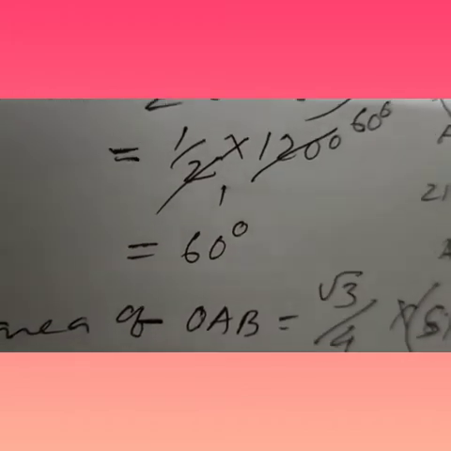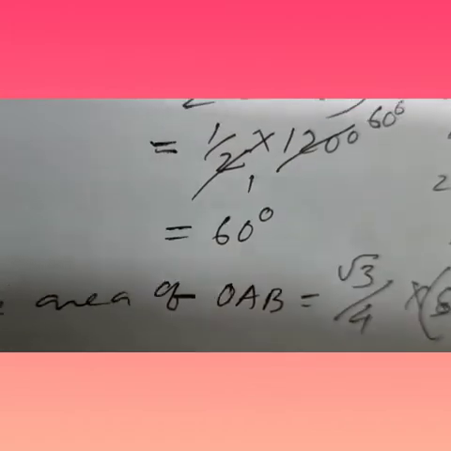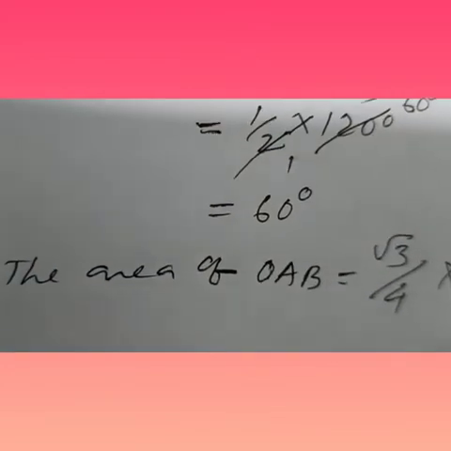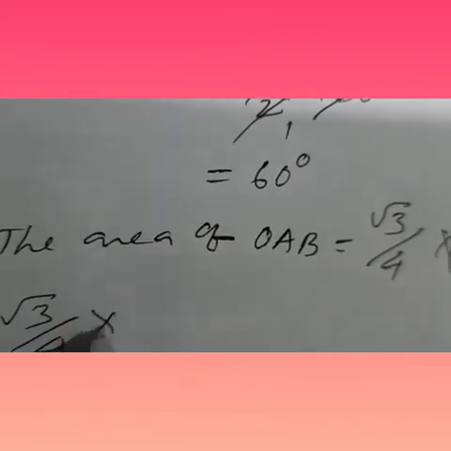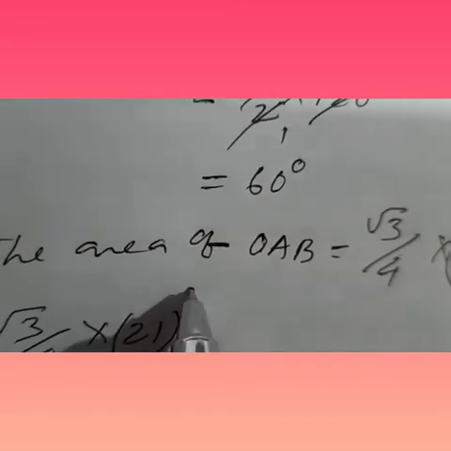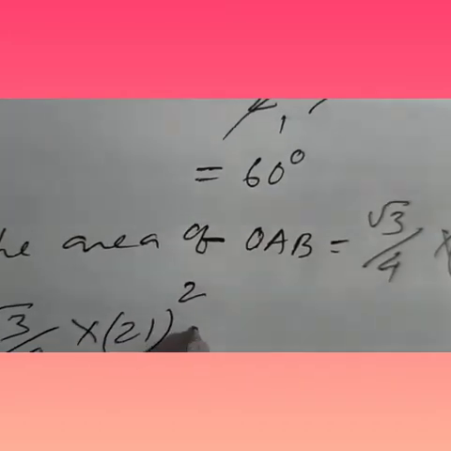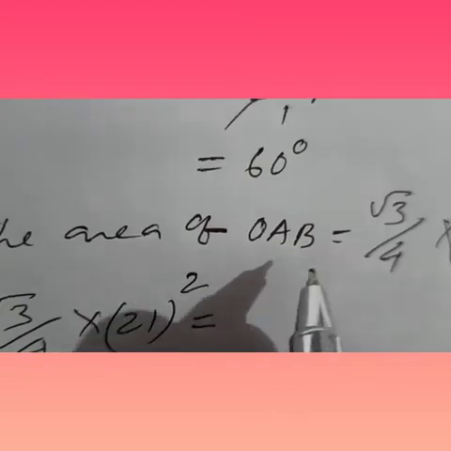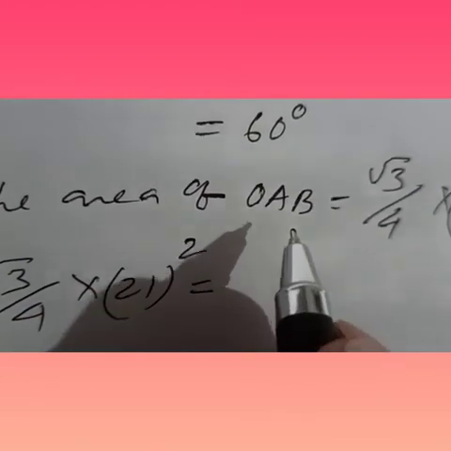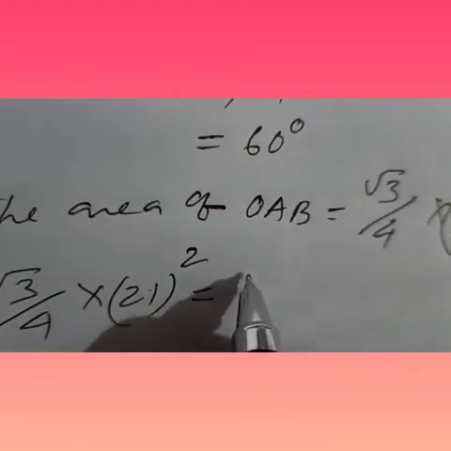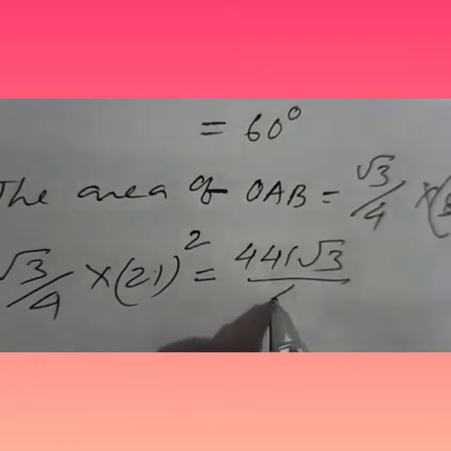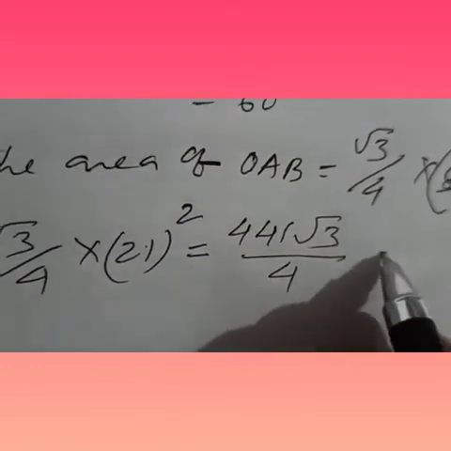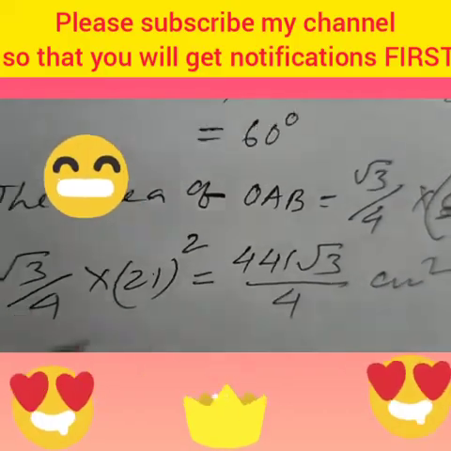So this equal to root 3 by 4 into 21 square. This equal to what then? This is 441 into root 3 by 4. Cm square, you write centimeter square.